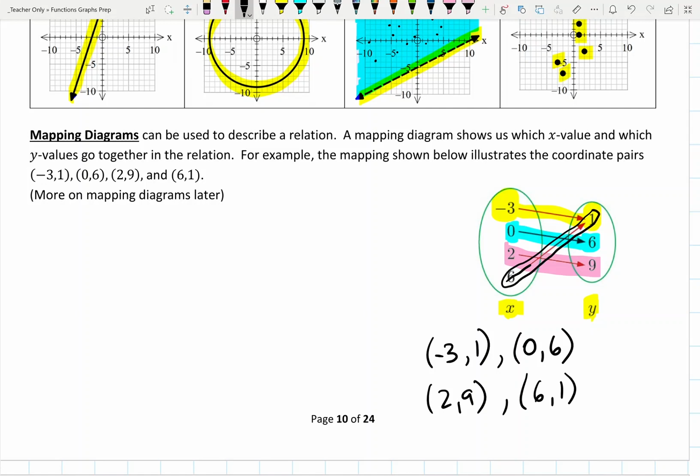So all this tells us is that these coordinates are connected somehow. Sometimes the rule is obvious, sometimes it's not. Sometimes there is no rule, they're just a set of connected coordinate pairs. So that's the idea of a relation. A function is a subset of the relation, and we'll talk about what makes a function special in the next video.